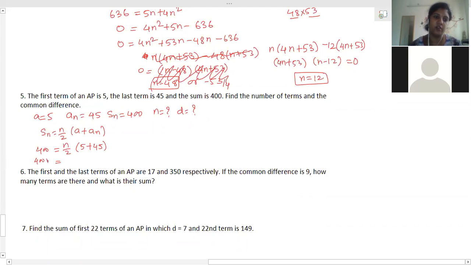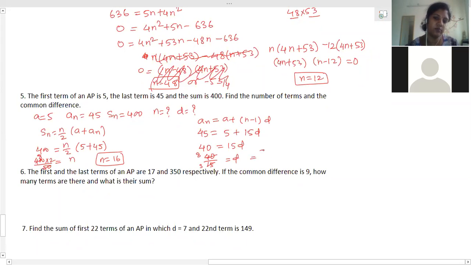So 400 into 2 by 50 is equal to n, so n is equal to 16. And then an is equal to a plus (n minus 1) into d. an is 45, a is 5, 16 minus 1, 15d. 5 goes that side, 40 is equal to 15d. So 40 by 15, that is 8 by 3, is the d value.